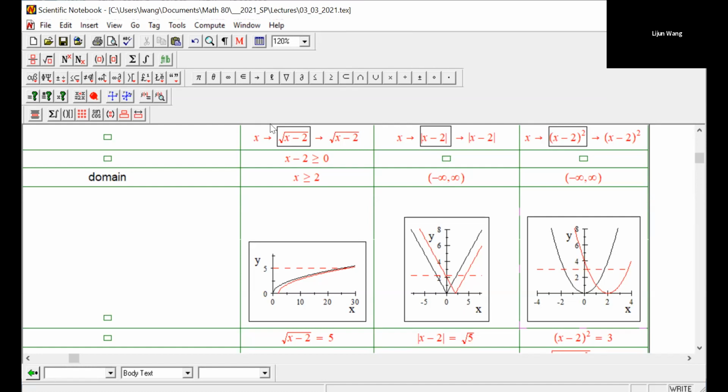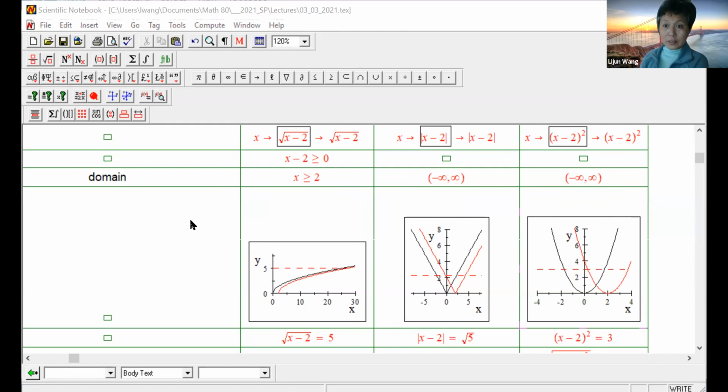No? Everybody good? You see, when the rule changes, your curve changes. The domain and range may be affected. Absolutely, domain and range may be affected.